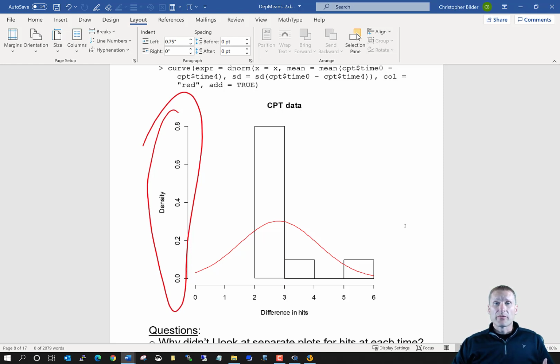probability distributions. If you remember, when you're dealing with a probability distribution for a continuous random variable, people will often refer to these as probability densities. So notice the default y-axis label is density. To then get the normal distribution on the plot, I use the curve function as we've done before, the dnorm function as we've done before, which is going to give me f of x or f of y for a normal probability distribution.